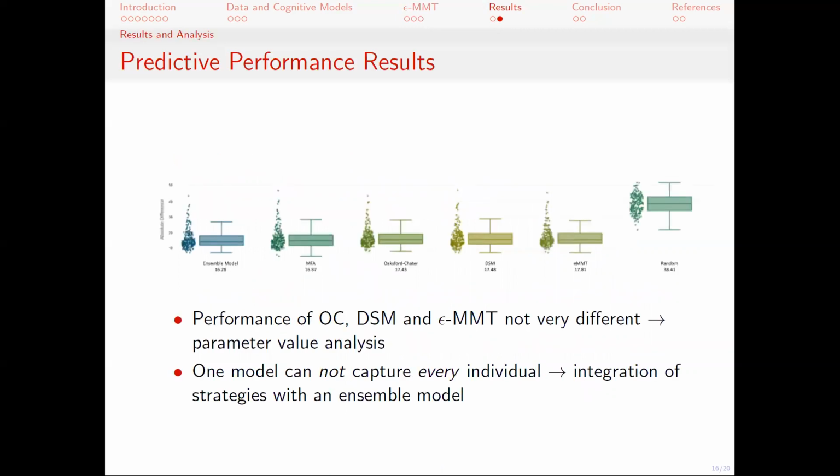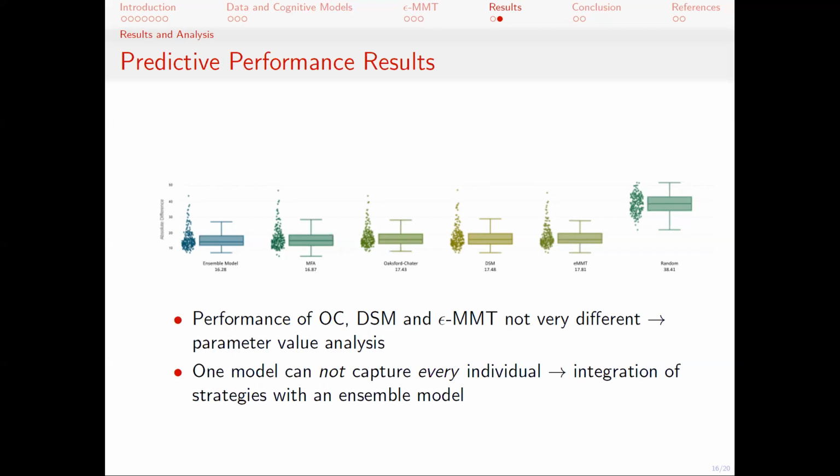Here we have the results. We can see that the random model on the far right is our lower bound and has the highest absolute difference of 38, meaning it has the worst performance. Then we have the three cognitive models, epsilon MMT, the DSM, and OC. Each one of them has an approximate mean deviation of 17, being much better than our lower bound.